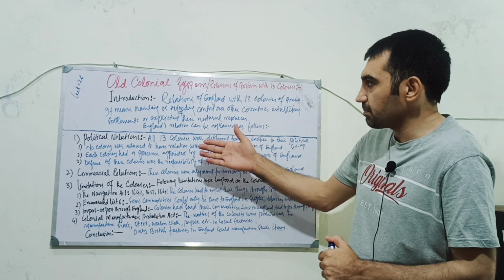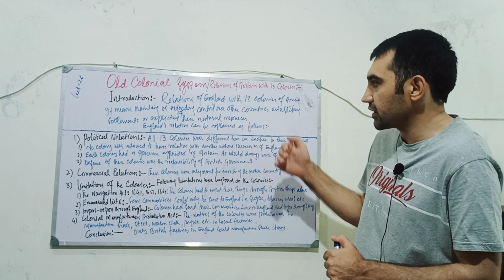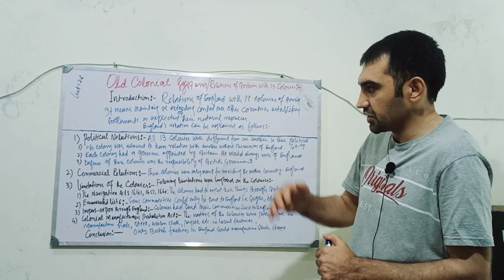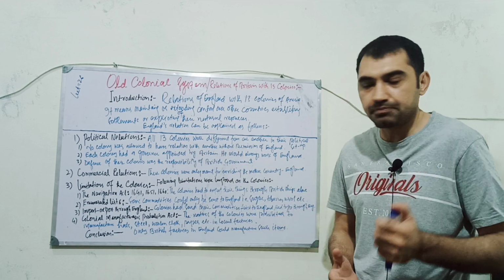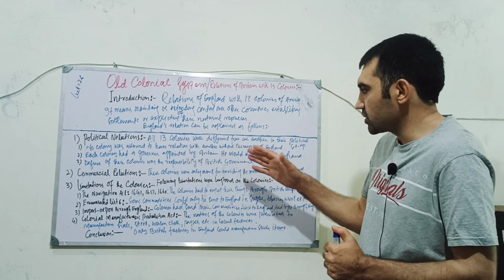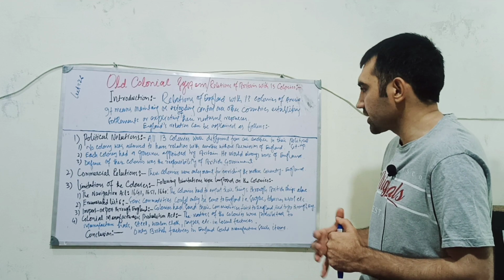So the relationship between the colonies and Britain had the following features. What was their political relation? All 13 colonies were different from one another in their political aspect.